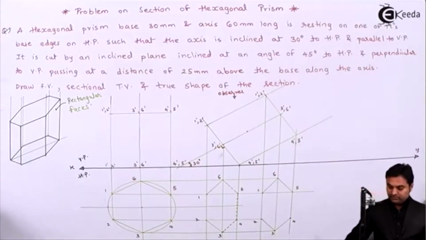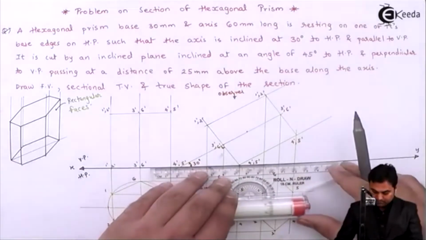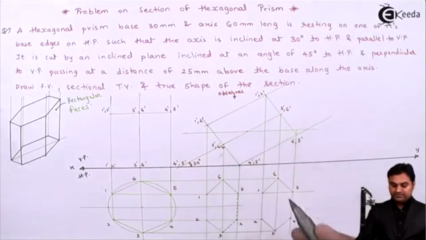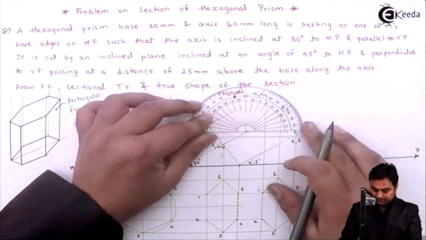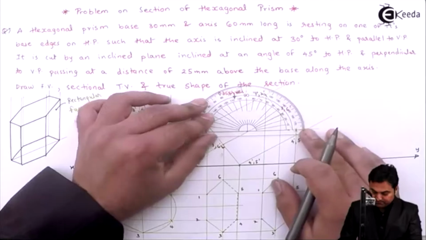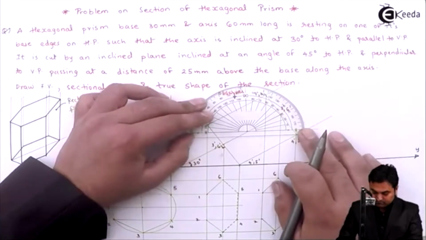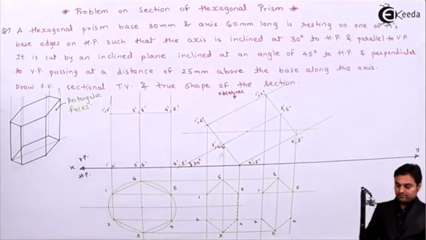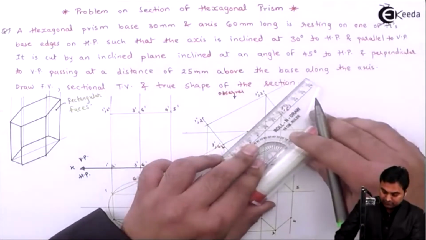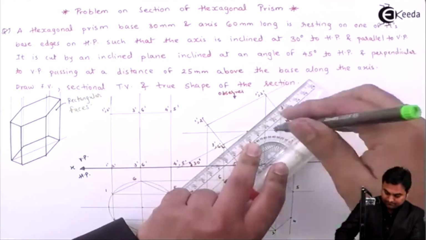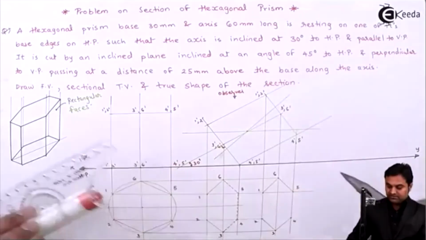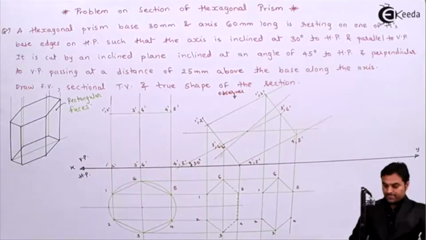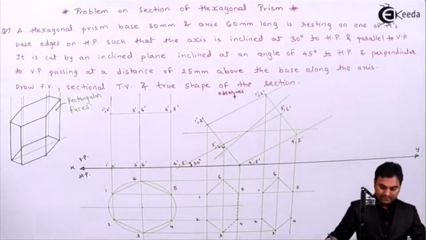So through it, first I'll draw a light horizontal line, next marking 45 degrees from here, so taking an angle 45 degrees and making this cutting plane pass through it. So this line signifies the cutting plane cutting at 25 mm above the base on the axis. I'll make this cutting plane dark first.